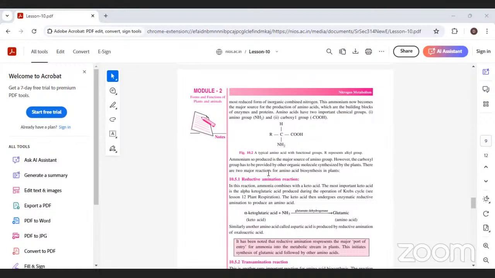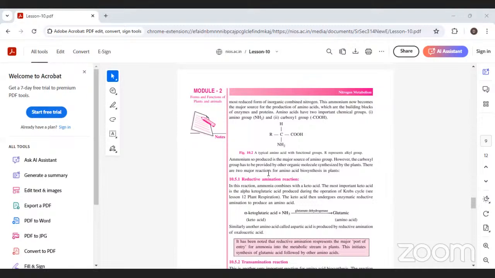Alpha ketoglutaric acid and NH3 give rise to glutamate, by glutamate dehydrogenase, to form glutamic acid. The keto acid is alpha ketoglutaric acid, and glutamic acid is the amino acid.